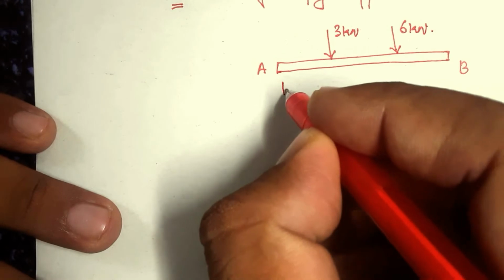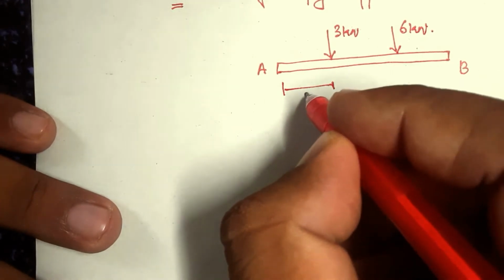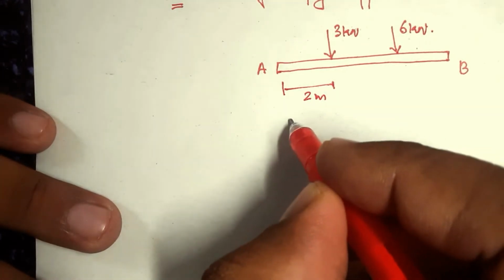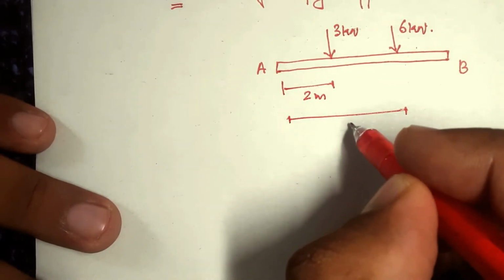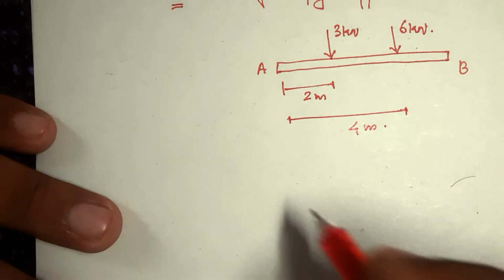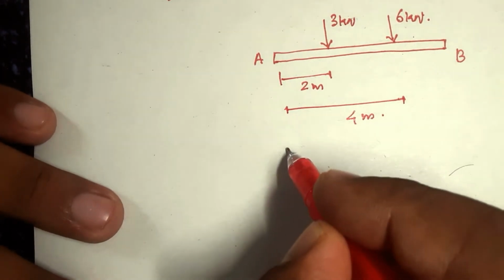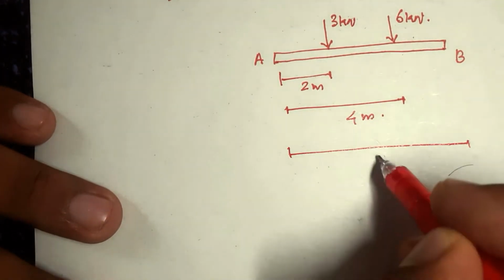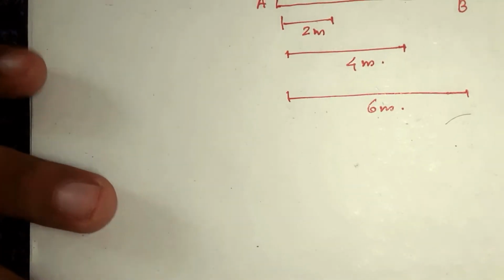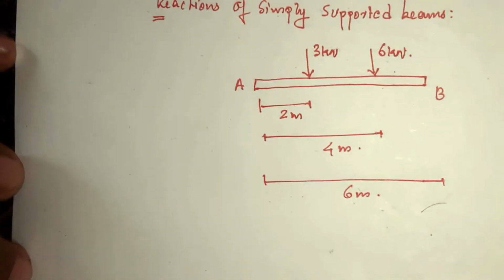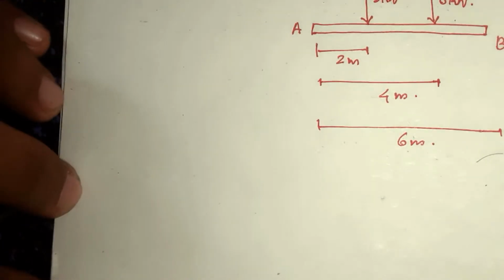From A this is given as 2 meter, and from A again this is given as 4 meter. And we know that this total is 6 meter. Fine. We want to find the reactions at A and B.